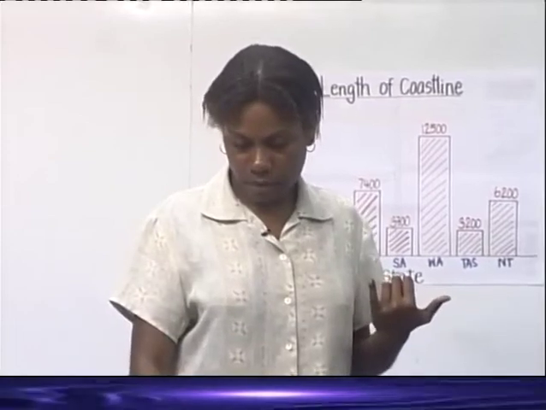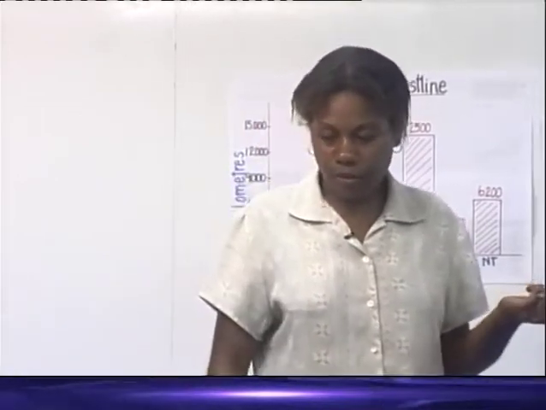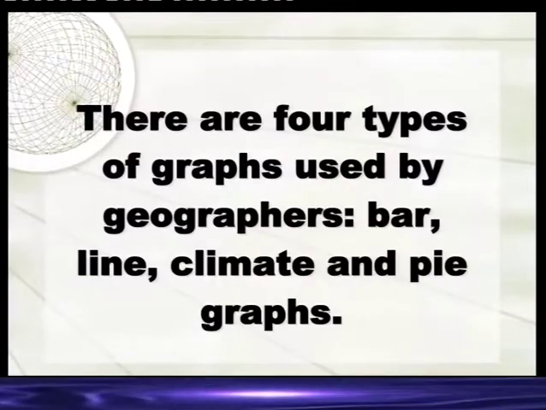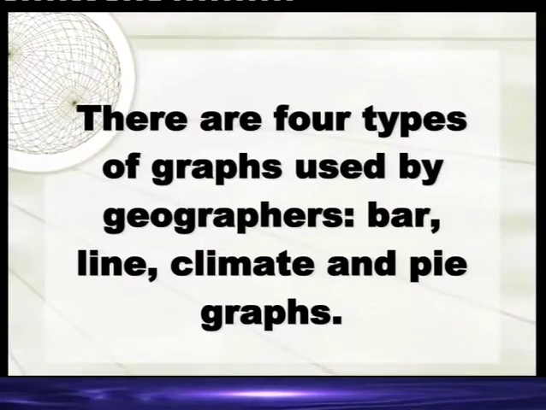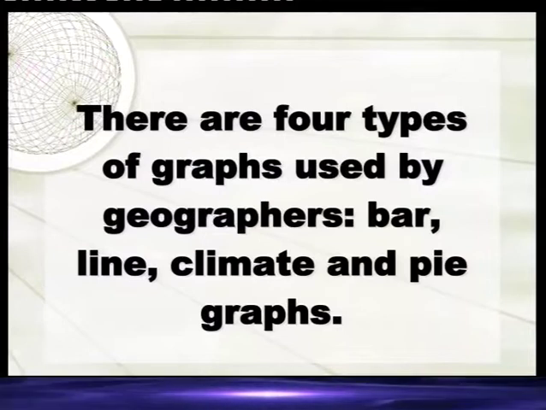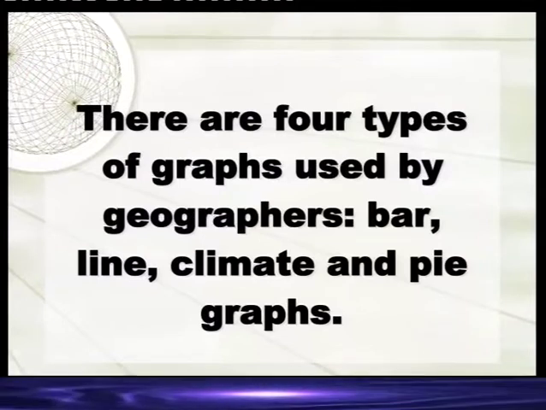Okay, there are 4 types of graphs used by geographers. We have a bar graph or a column graph, a line graph. All right, we've looked at line graphs already. Yes, climate graphs or climograph, pie graph, which is the round, the circle one.